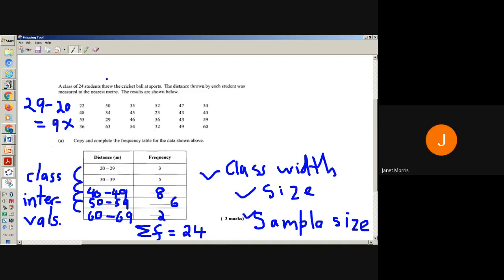So what I'm saying is, to get them, you just say 20 from 30. All right, cool. So as I was saying before, sample size is the same thing as class width and class size.